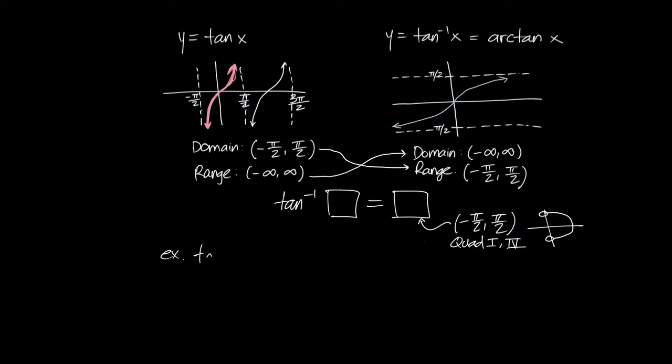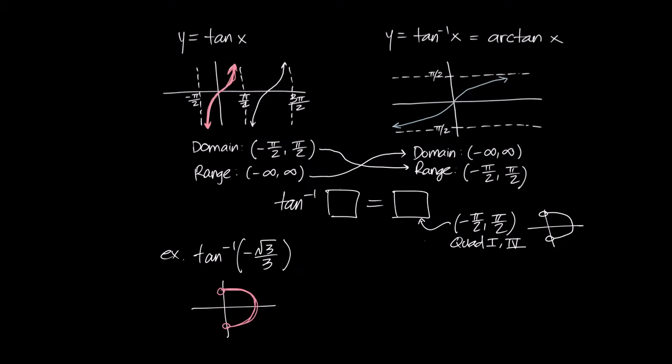Let's say I have inverse tan of negative root 3 over 3. Then we think about the unit circle, and we are only restricted to the first and fourth quadrants. And we think where inside the first or fourth quadrant is tangent negative root 3 over 3.